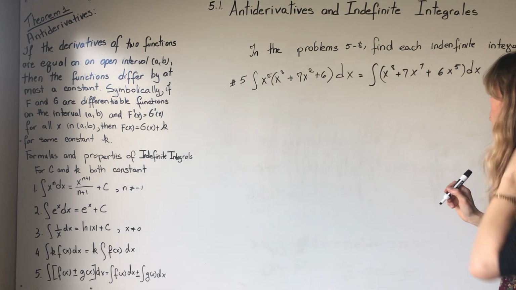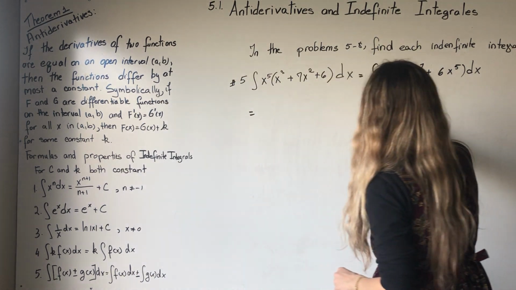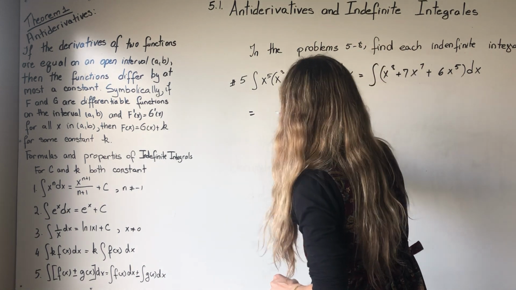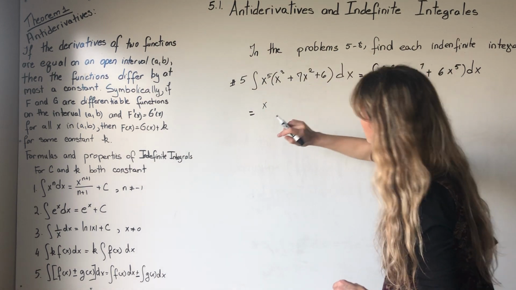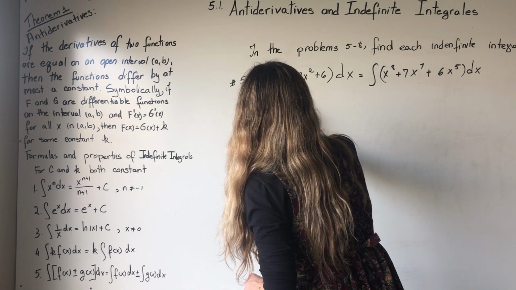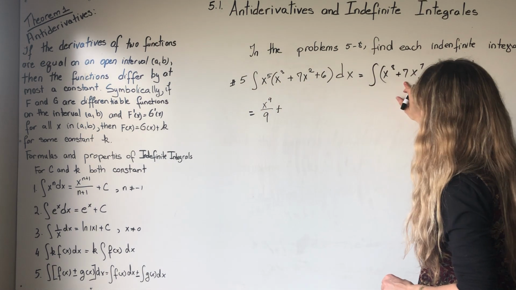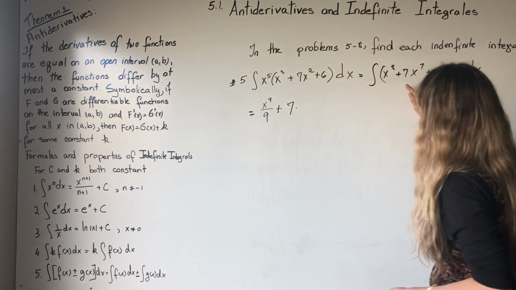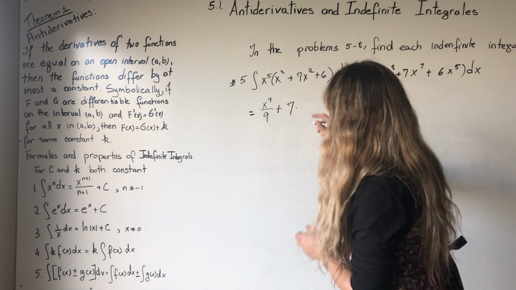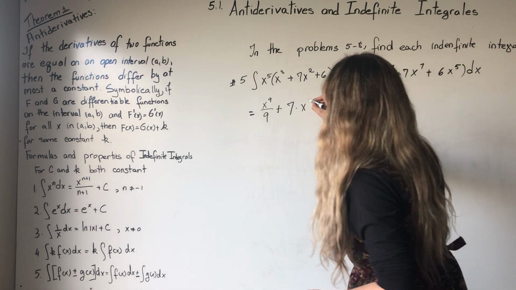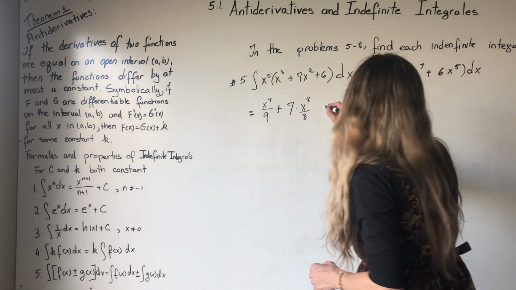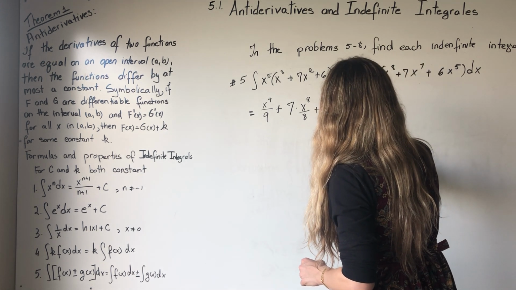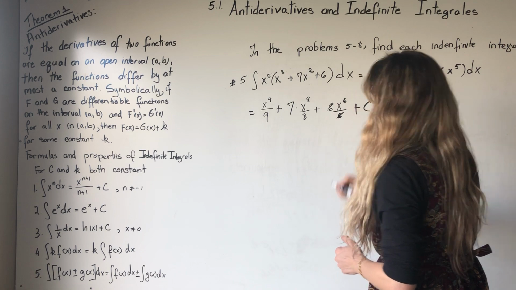dx, right? So this will be equal to, from the first one we use the property number 1, so we'll have x to the power 8 plus 1 over 8 plus 1, so it's x to the power of 9 over 9, plus 7 times x to the power of 7 plus 1, which is 8 over 8, plus 6 times x to the power of 5 plus 1, 6 over 6, this simplifies, plus the constant, right?